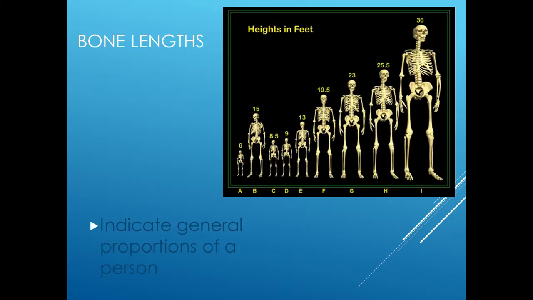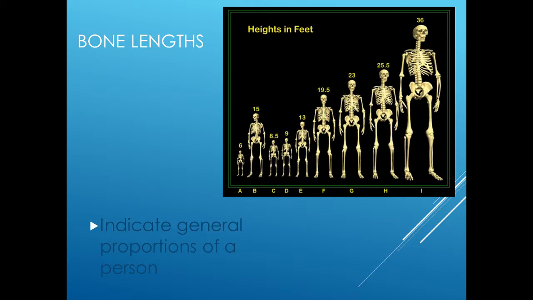Keep in mind, this is an overview at the beginning here, so we're also going to take a look at some fun things as well. Bone lengths are usually proportionate to the person. So if you are a shorter person, then your femur, your upper leg bone, is going to be proportionately shorter in relation to your body, or if you are taller, then it's going to be proportionately longer.